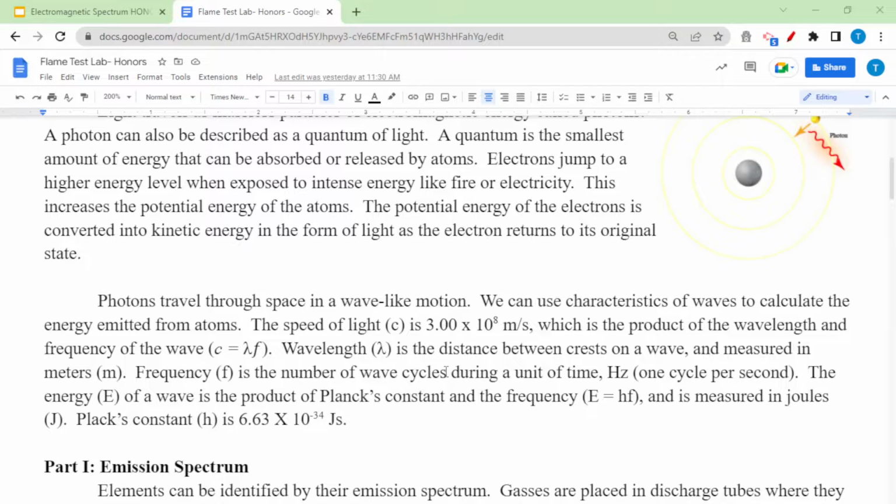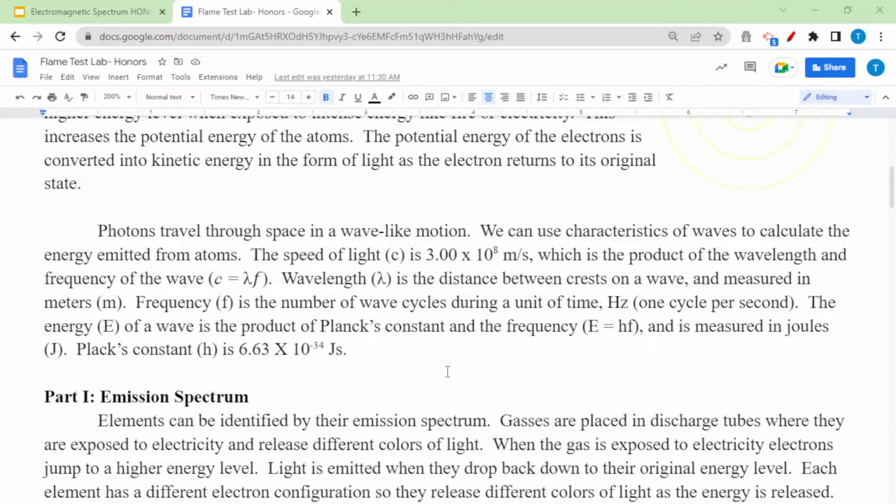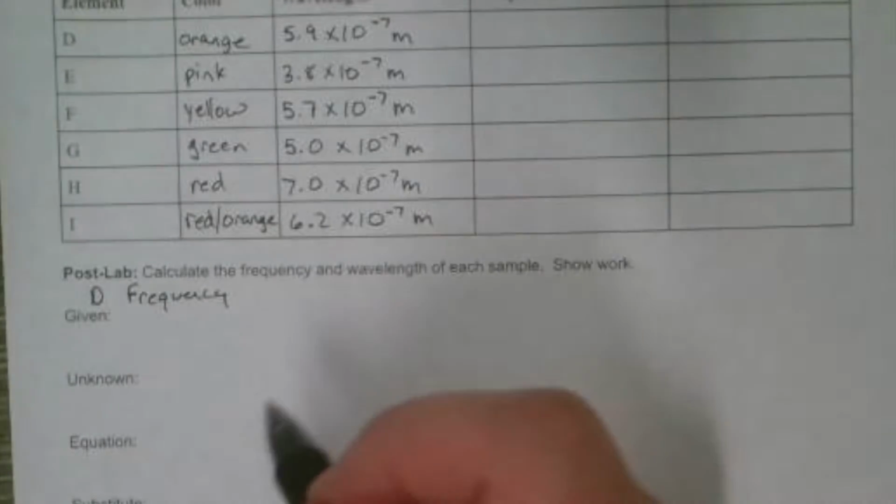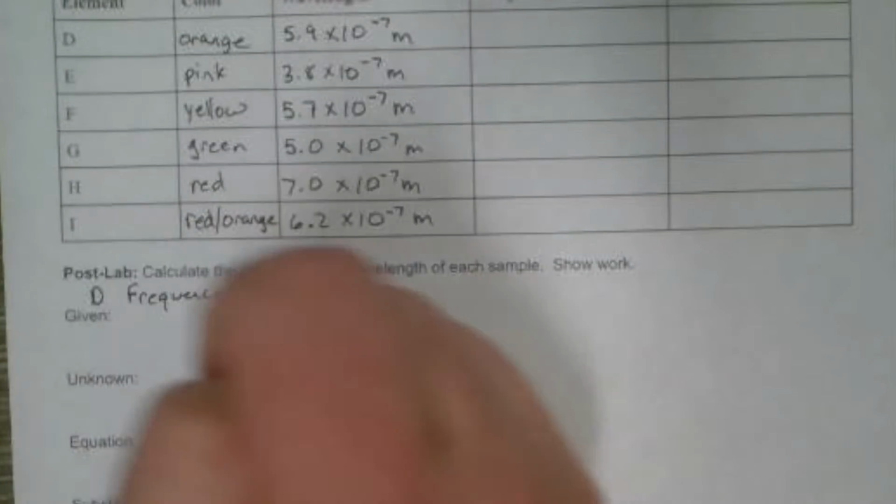So right here, notice that we have this equation. The speed of light is equal to wavelength times frequency. The speed of light is always 3 times 10 to the 8 meters per second. So we're going to use that information to solve this problem. Now, since we're going to use that equation, we know two things that are given.